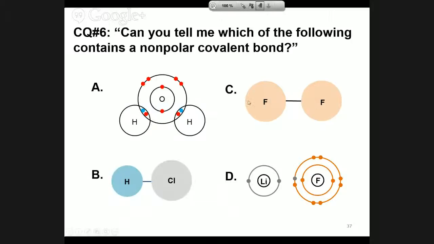When you have two of the same thing binding to each other, that's by definition going to be nonpolar. Also on the screen here, the lithium fluoride is an ionic bond. Okay. The other three are covalent. Again, HCl is kind of questionable, but technically it is. But water is definitely a polar covalent, but a fluorine to fluorine bond would be nonpolar.